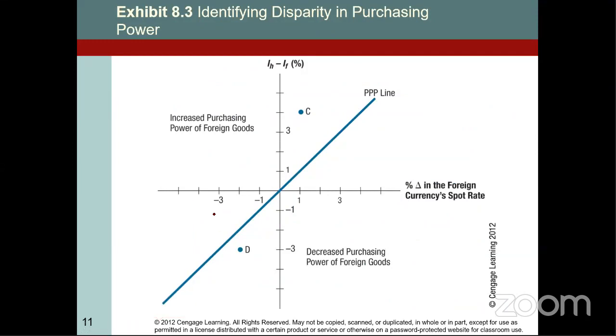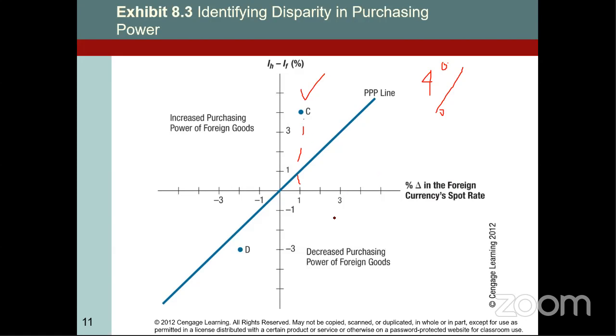Okay. This is the C. This is what the disparity means. You have a 4% delta of inflation rates, but the currency is only moved about 1% here.